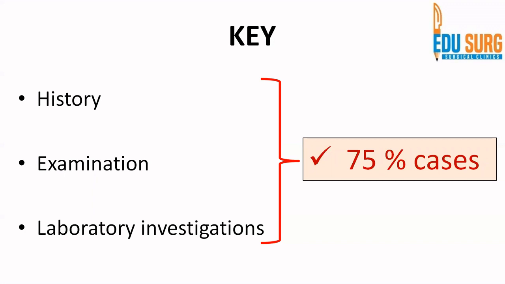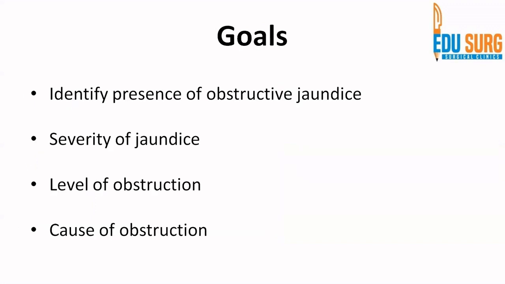It is a very well-known fact that if you take a good history and a good examination, don't miss out on points that are mentioned in this video, and do good laboratory investigation, there is a good 75 to 80% chance that you will know or at least have a hint or a good idea towards the diagnosis of your patient.